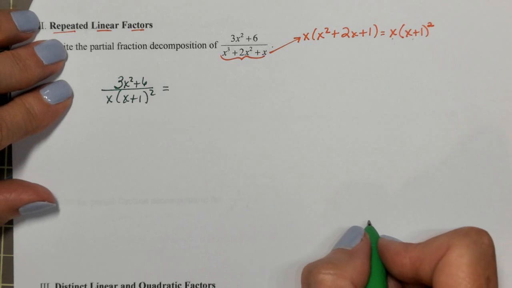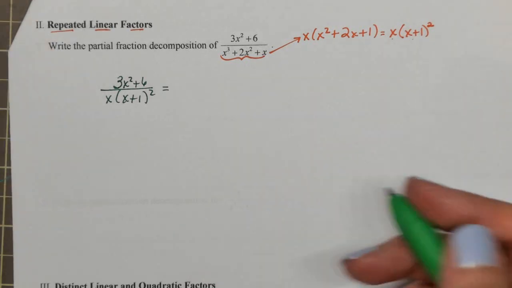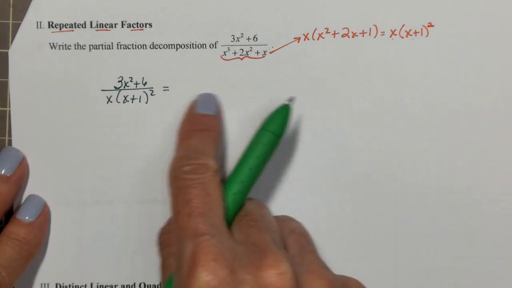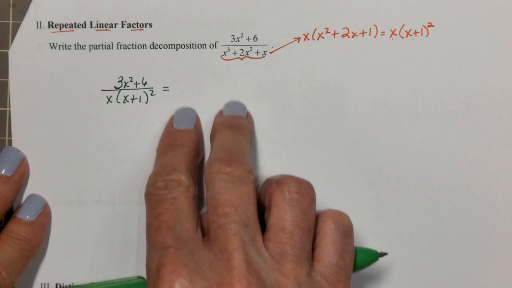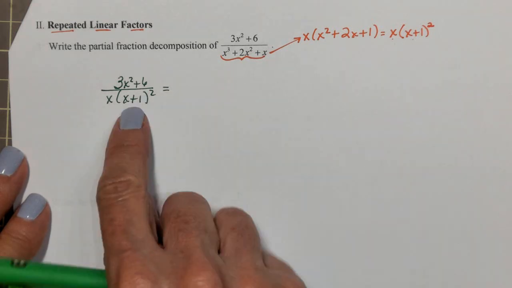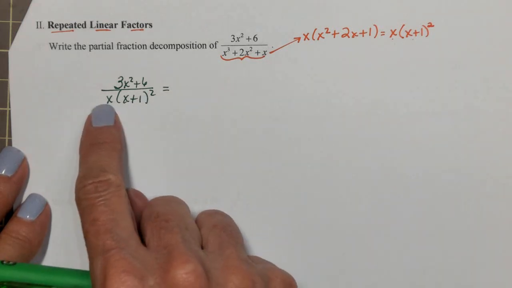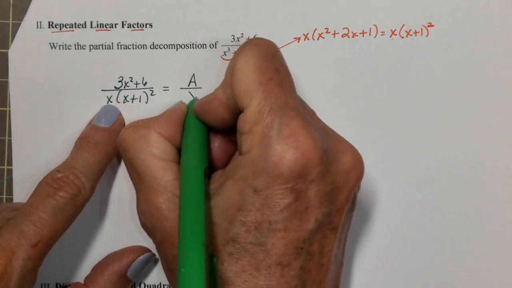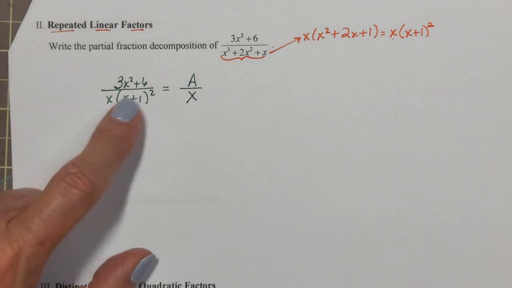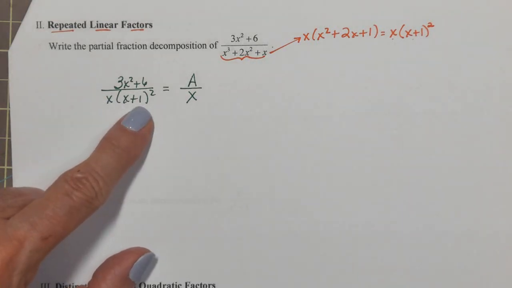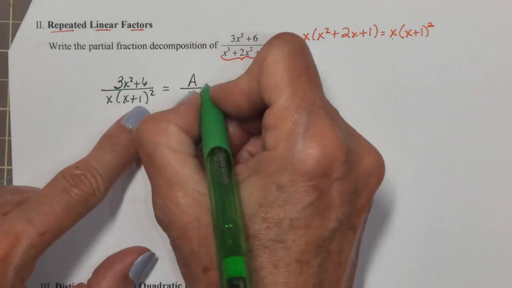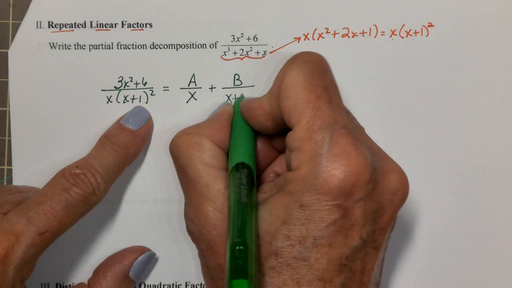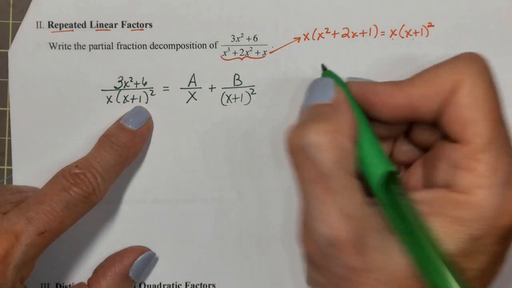All right. So, in class I would ask, tell me, what could the individual fractions be that would add to this? Well, definitely we could have something over x. True? So I'm going to make it A over x. What about this one? What could that be? Well, it could be something over the x plus 1 squared.